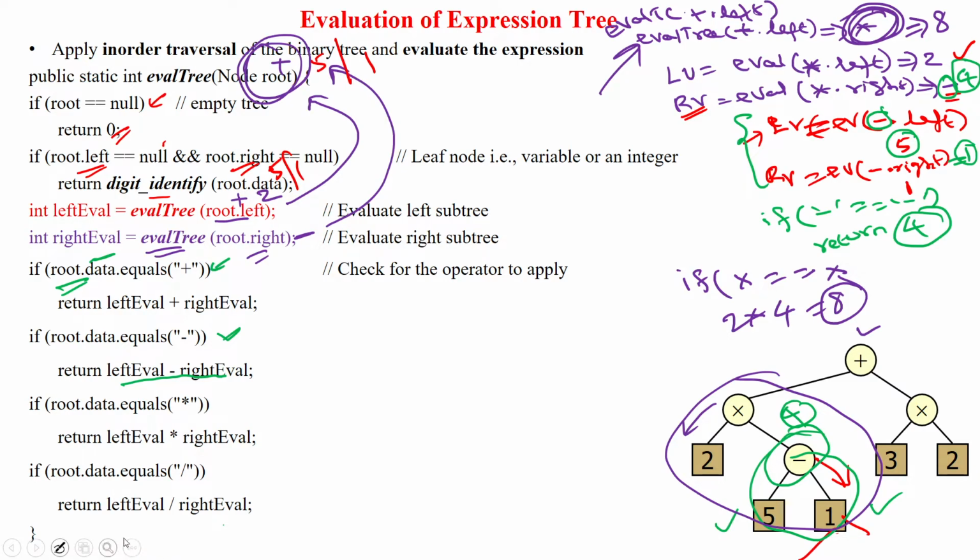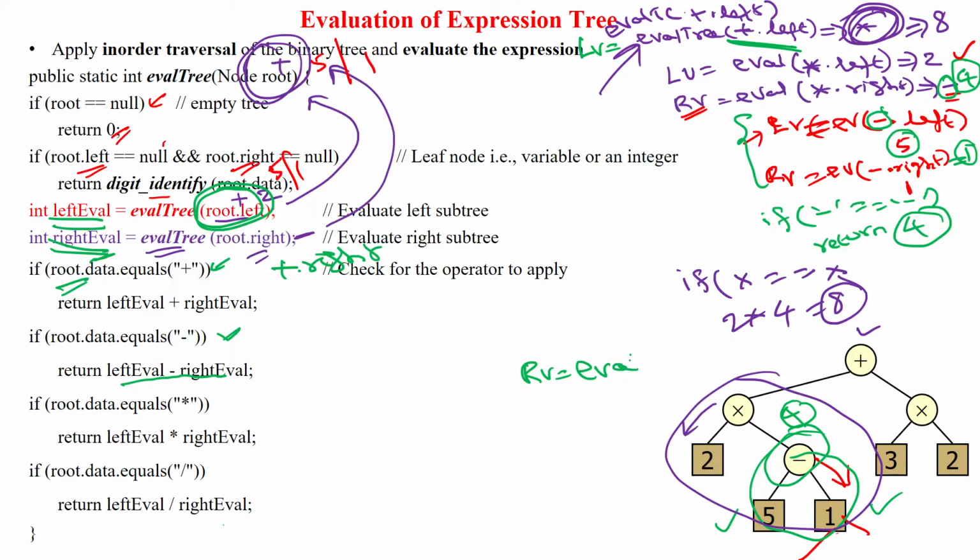After that we have to call plus dot right. Plus dot right we still didn't call, only plus dot left we have called. So this is the L value which is assigned here. So now we have to call plus dot right, which will be assigned to the R value.